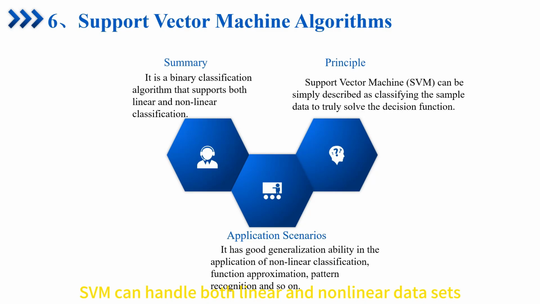SVM can handle both linear and nonlinear datasets by using different kernels to transform the input data into a higher dimensional space. SVMs have wide applications in fields such as image recognition, text classification, and bioinformatics.